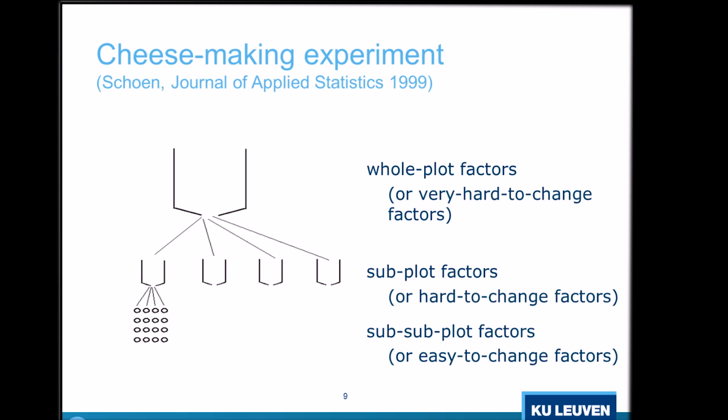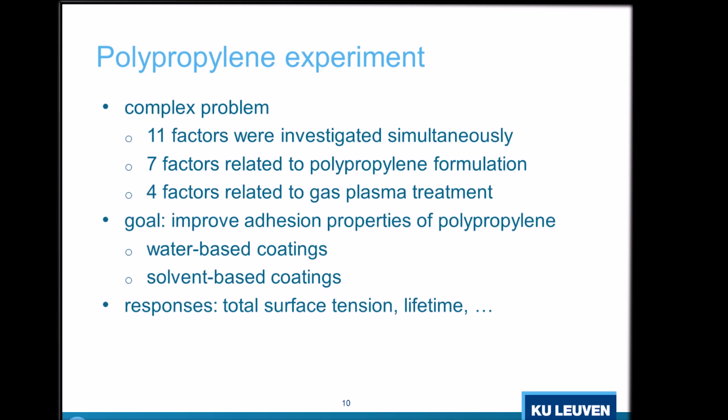And in the modern literature on this kind of experiments, in industrial contexts, many people very often refer to the whole plot and the subplot factors as very hard to change factors and easy to change factors. And that's also the terminology that certain softwares are using. So that was a second example. That was an example of a split plot experiment.